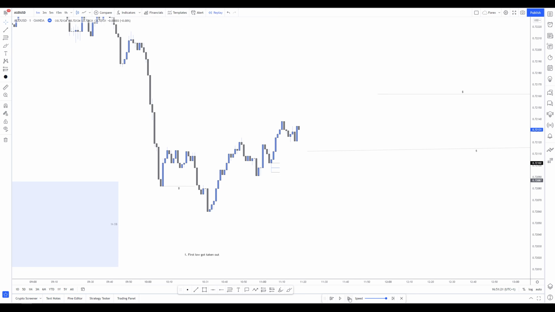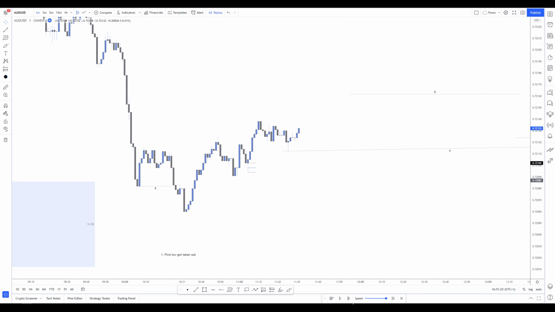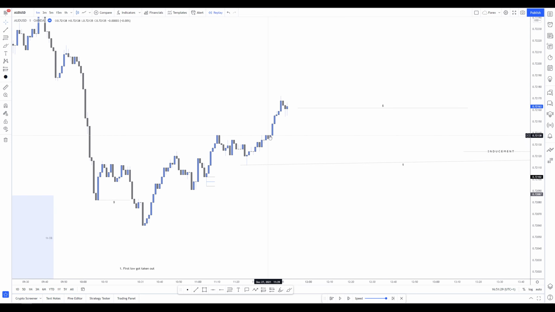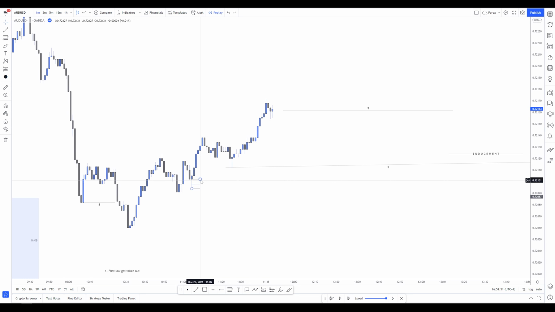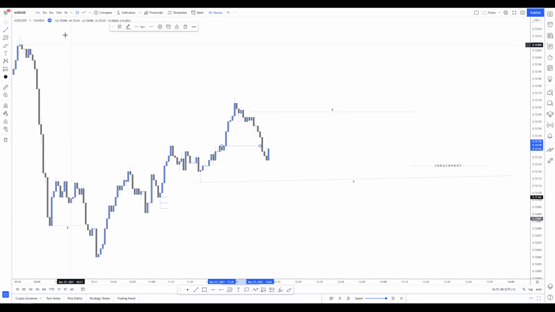So price then came a bit below and pushed above. Now people probably forgot about this order block and were looking for this one right here. That's for me just inducement into the market, to induce people too early into the market and stop them out.